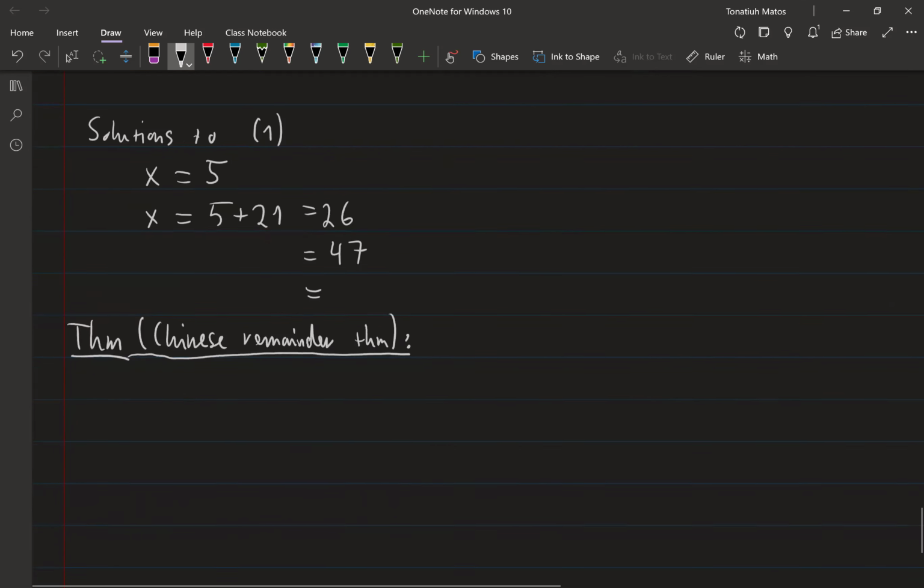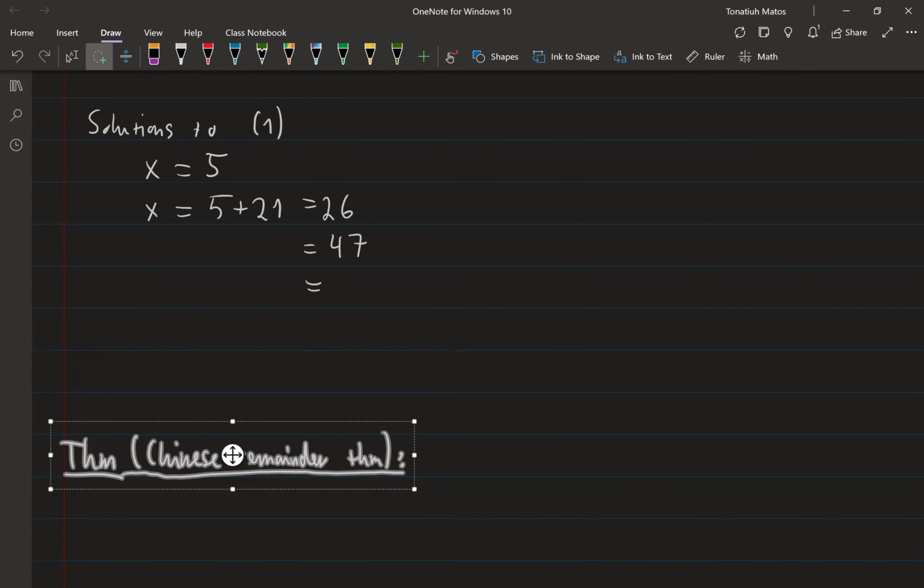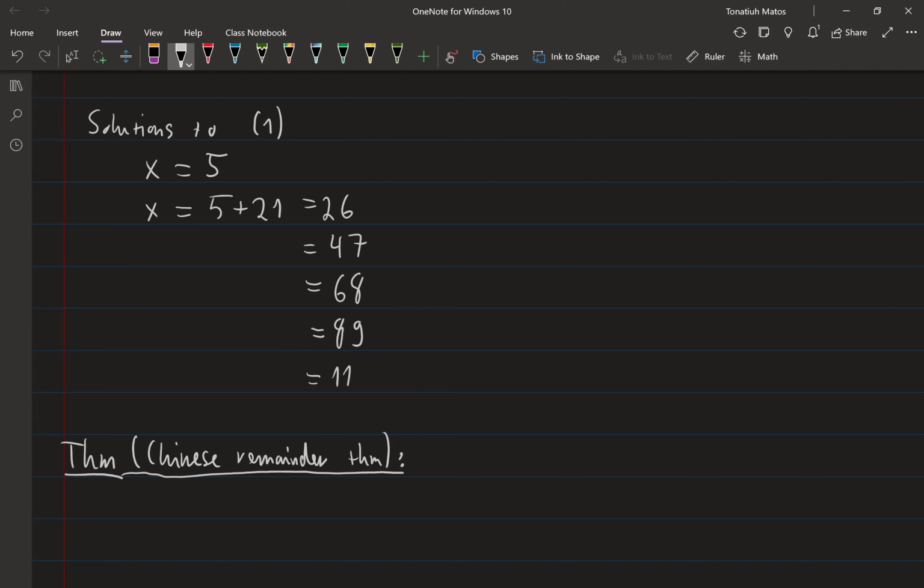Please let me know if you see a mistake here. 47, 68, not 70, 89. Just keep adding 21 to get all solutions. 110, 131. And we can continue doing this.